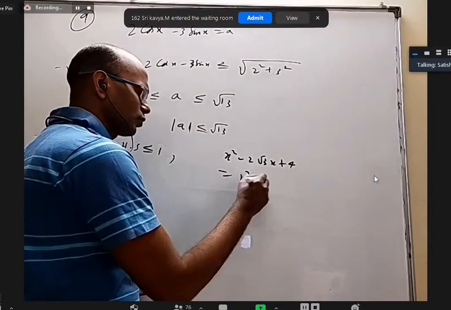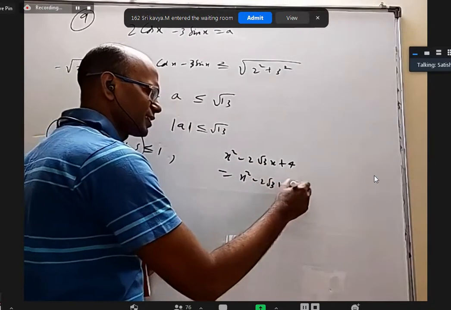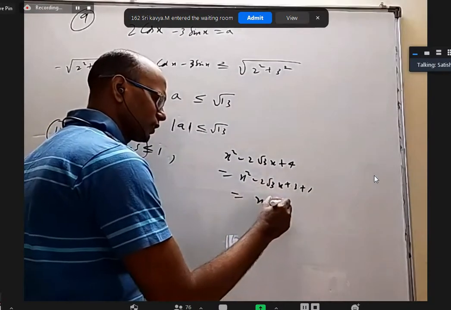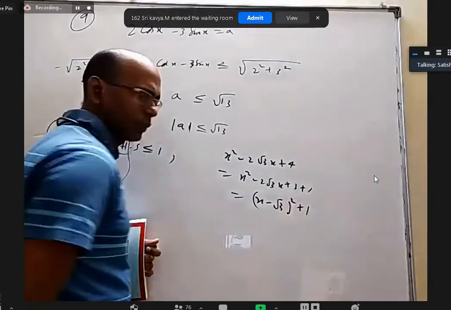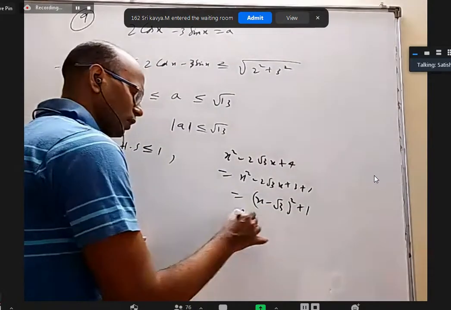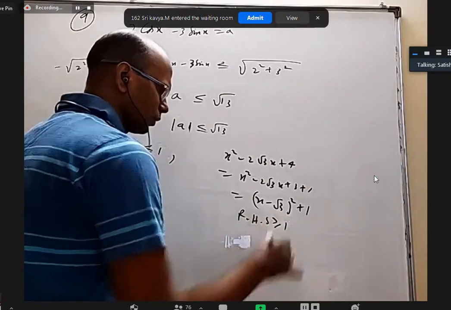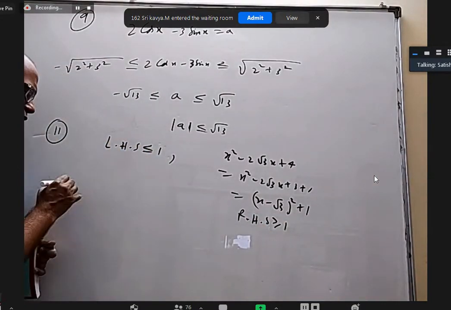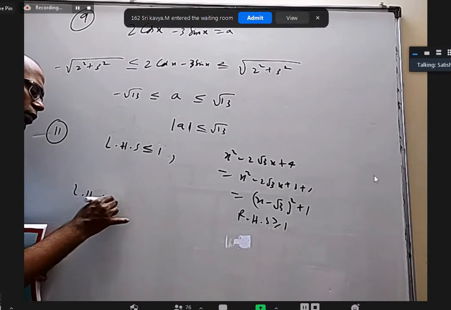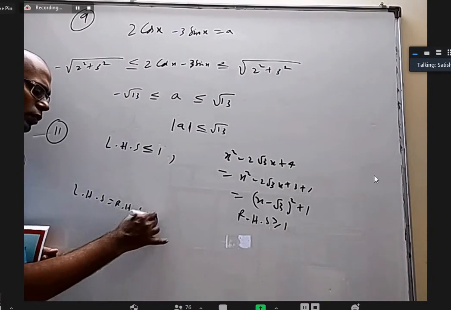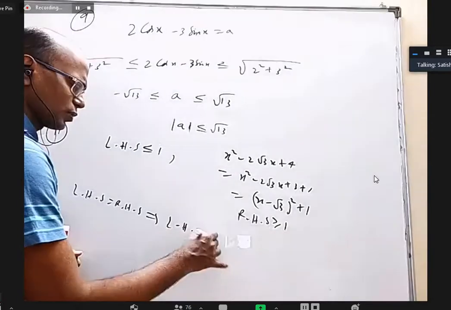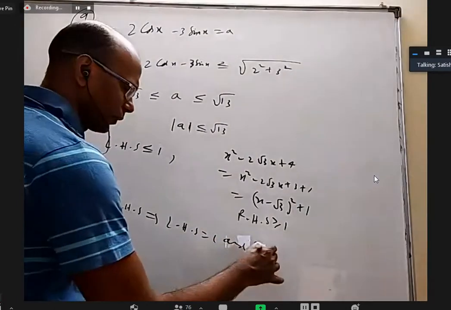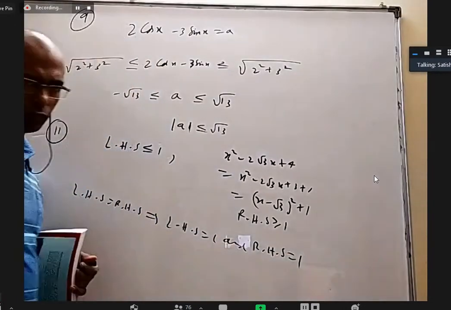You can write x square minus 2 root 3 x plus 3 plus 1, which is x minus root 3 whole square plus 1. That is, RHS is greater than or equal to 1. LHS is less than or equal to 1, RHS is greater than or equal to 1. If you want LHS to equal RHS, that is only possible when LHS is 1 and RHS is 1. There is no other way they can be equal.